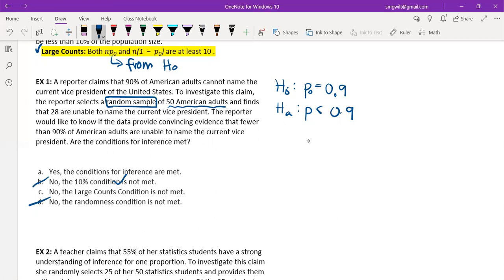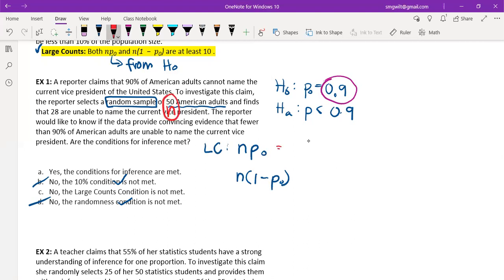So we've met the 10% condition, we've met the randomness condition. We want to check large counts. To check large counts, we need to calculate n times p naught and n times 1 minus p naught. Remember, p naught is 0.9, and n is our sample size, so n is 50.